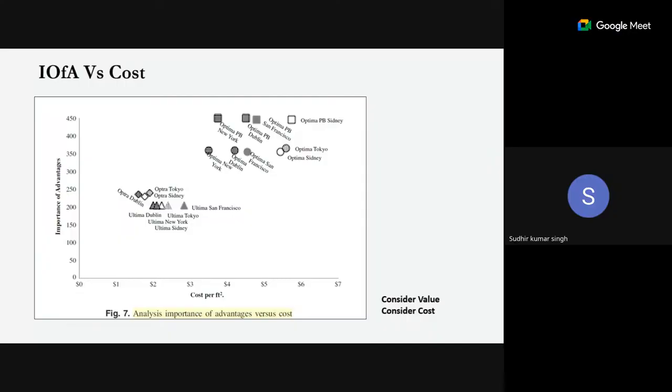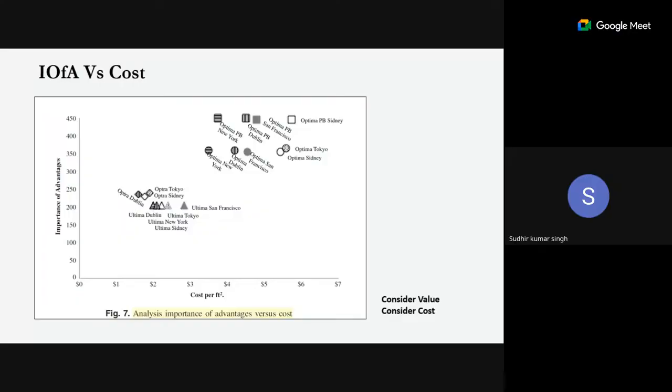If you read that point carefully, you will find the right topmost I am going to read is Optima PB Sydney. Optima PB in scenario, if you use it for the Sydney office, it gives you importance of advantage 450, but it costs you per unit $6.